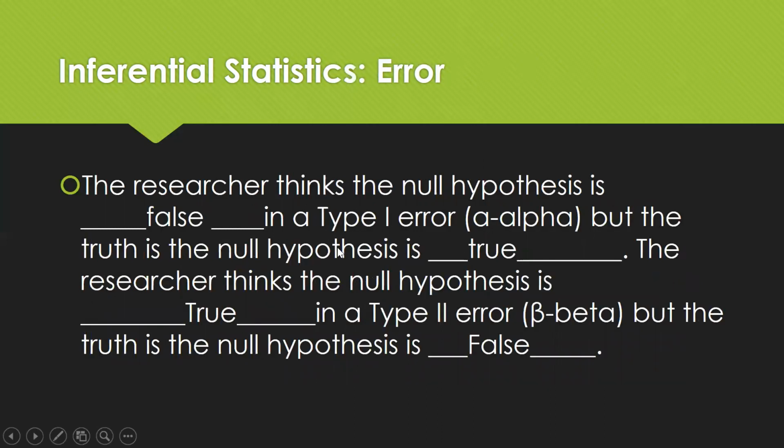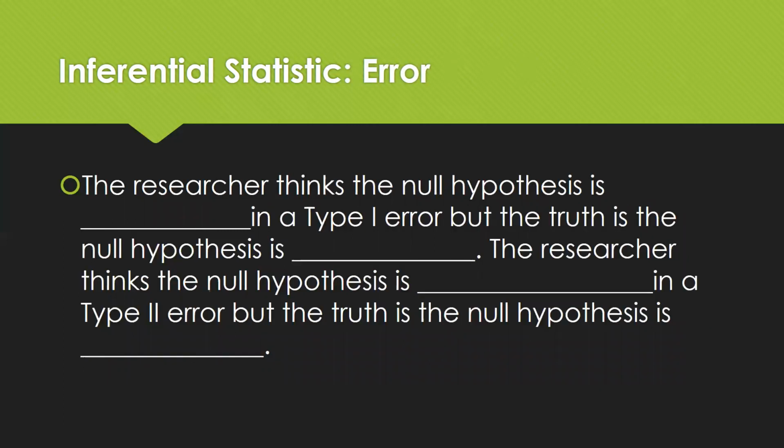Let's see if I did that right. Yes, I did. Amazing. Now let's think about that picture again. In the type 2 error, the researcher thinks the null hypothesis is true, but the truth is that the null hypothesis is false.